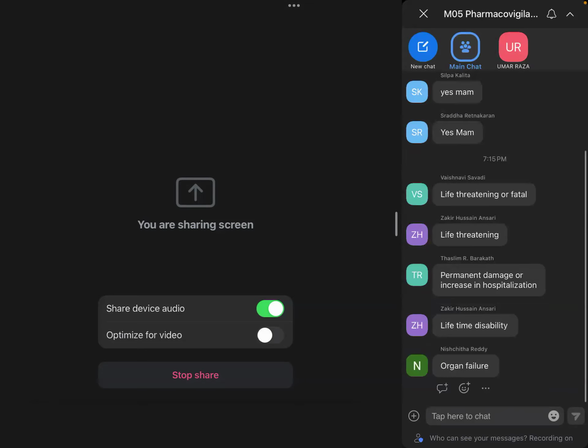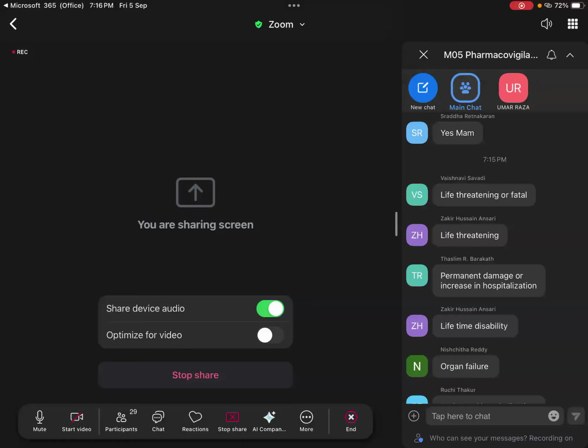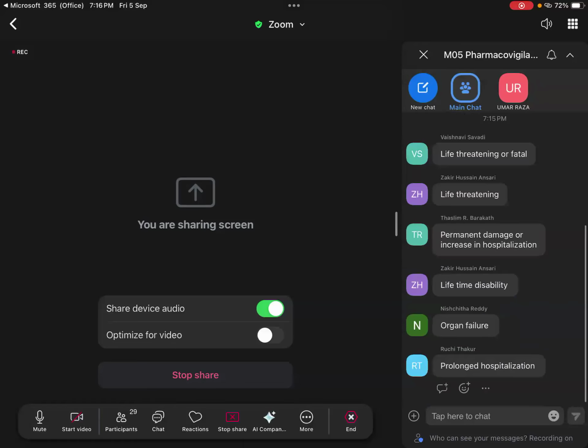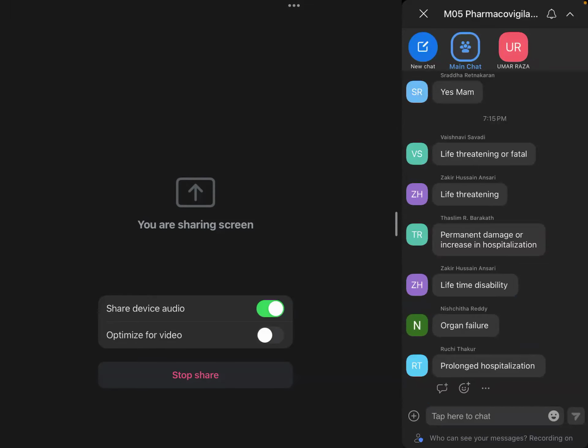Organ failure is coming under life threatening. What is the definition? Birth defect, congenital effects. So these are the 5 criteria you have to remember.